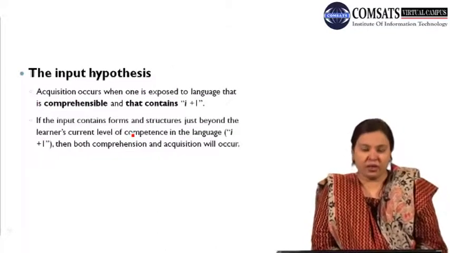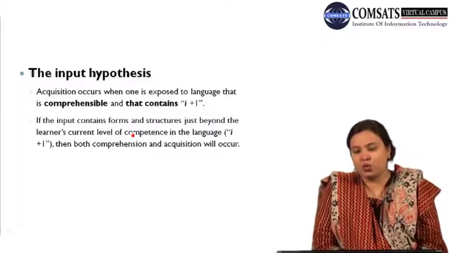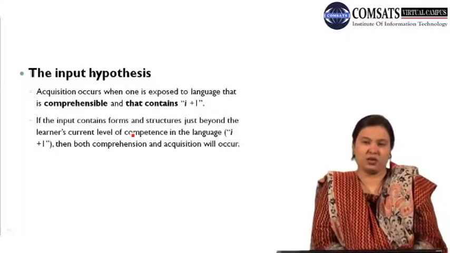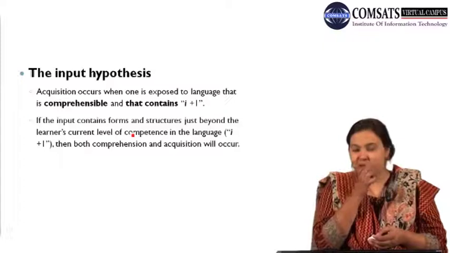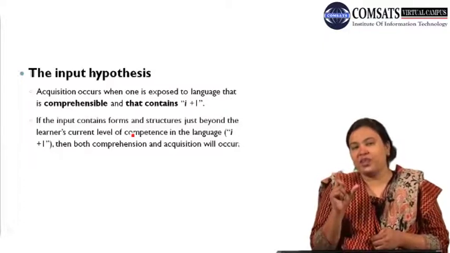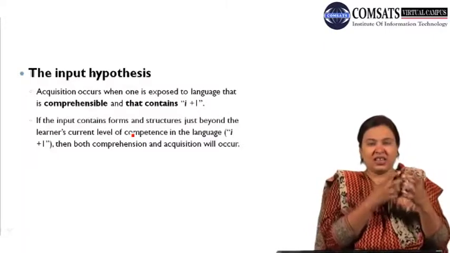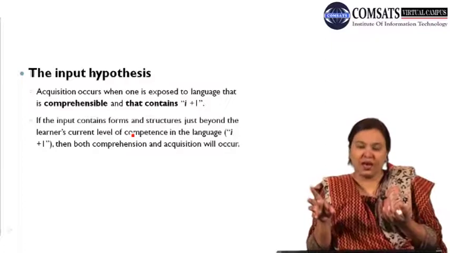Then the input hypothesis: acquisition occurs when one is exposed to language that is comprehensible and that contains I+1. What is meant by I+1 is that children learn a second language in a better way if its structure is somehow similar to their already acquired first language.